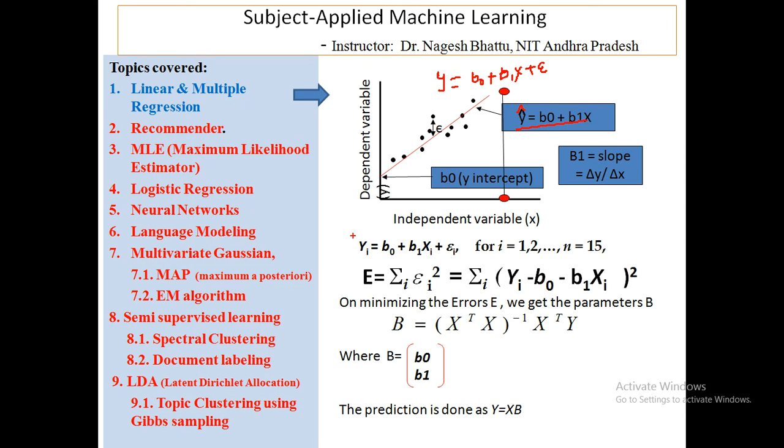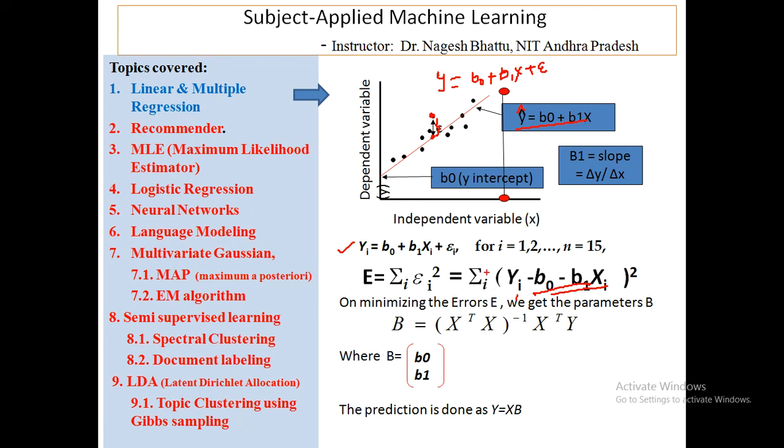So how to find out the parameters of the model, that is b naught and b1? Having the structure of the model, we compute the total sum of squared error. The squared error is the deviation between actual y and the estimated y located at the line. So that is actual yi, ith point, minus estimated yi, and the square sum.